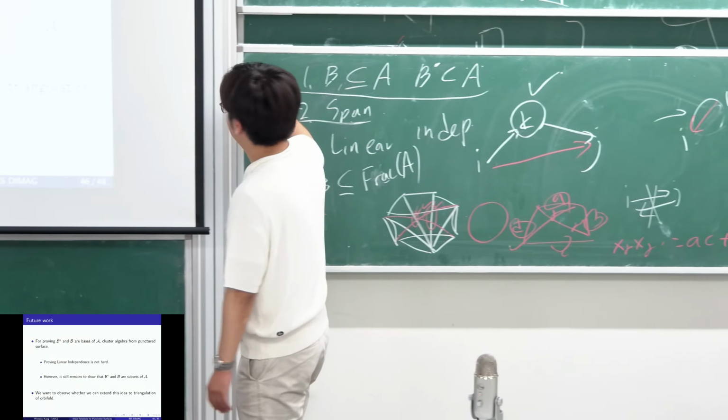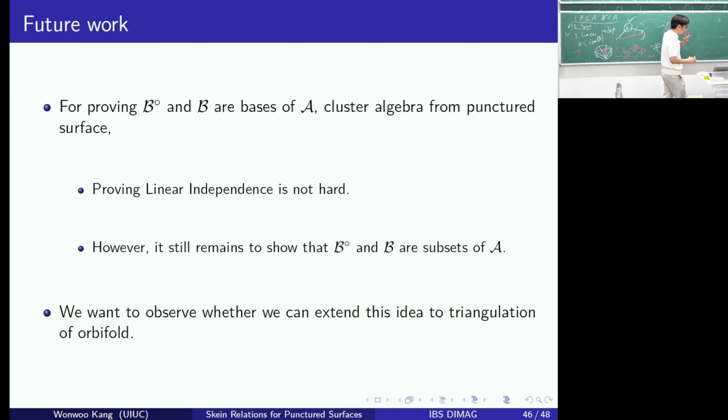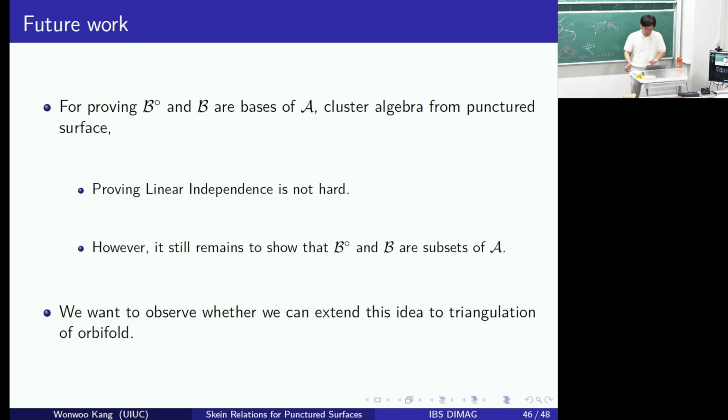The other future work that we can talk about is the generalization of the surface, something called an orbifold. So what is an orbifold? An orbifold is not a puncture. There's an order at the point, which means there's a finite group action on the point in the interior, and we call it an orbifold.